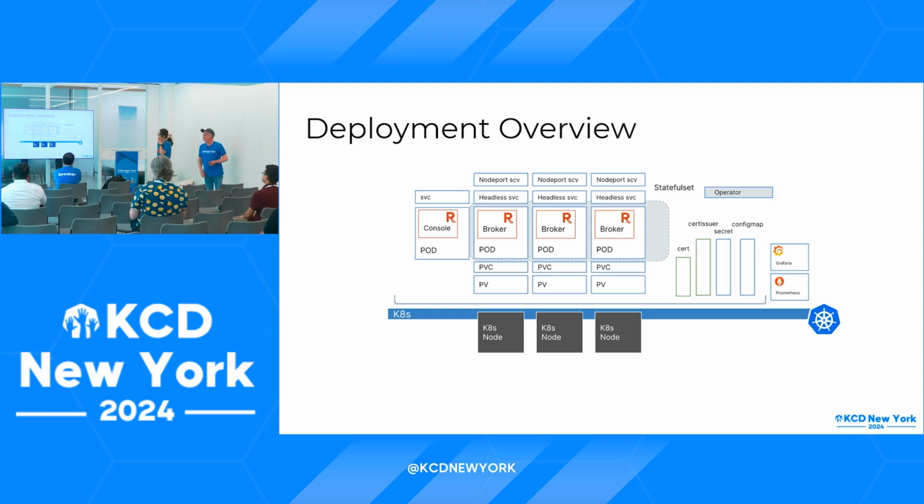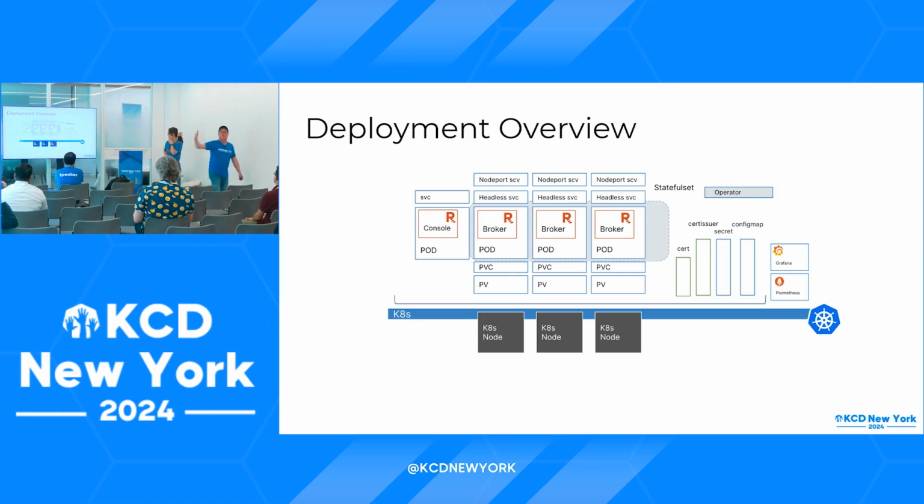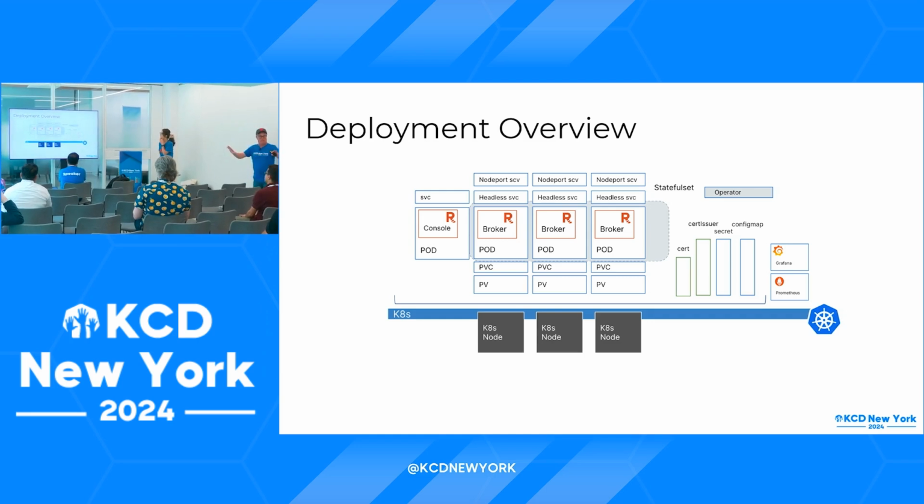And then two services. The brokers themselves are stateful sets, which means they have an ordinal number, which means you create one service for them, a headless service. We then also create one service per broker. So there's actually four. Does that make sense?